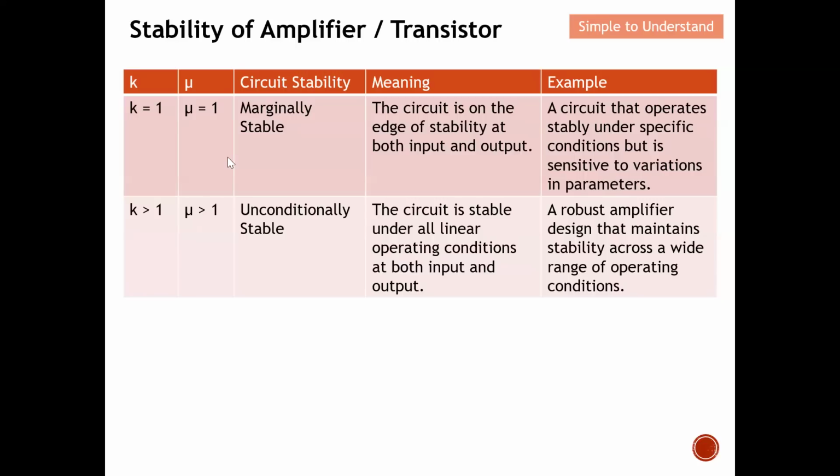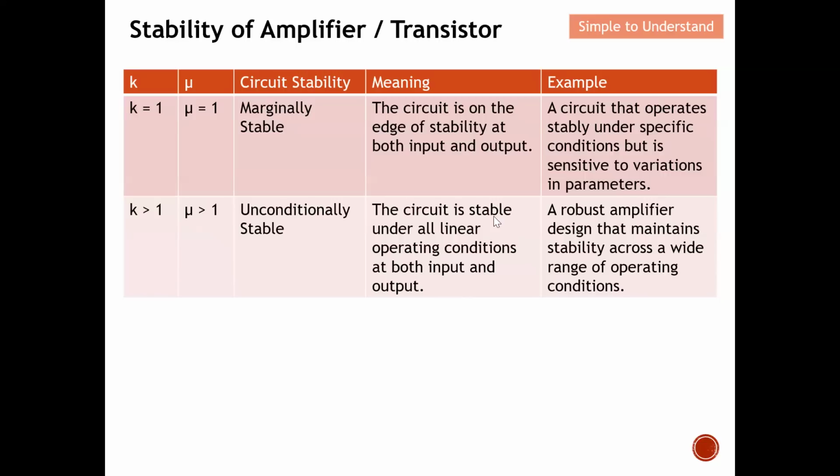So this is desired, which means unconditionally stable, which means 100% they will be stable. When K is more than 1 and this mu factor is more than 1, this is what we call unconditionally stable, which means the amplifier design or the transistor that we design will always be stable.